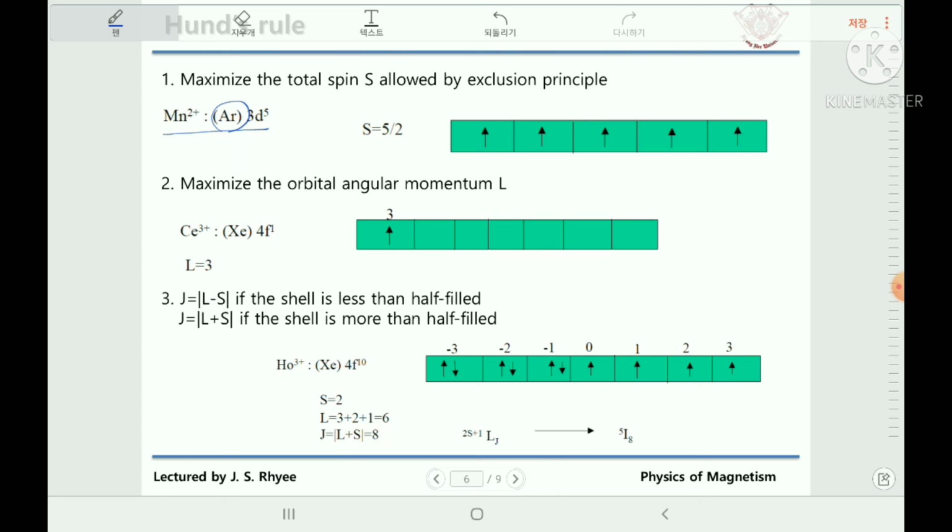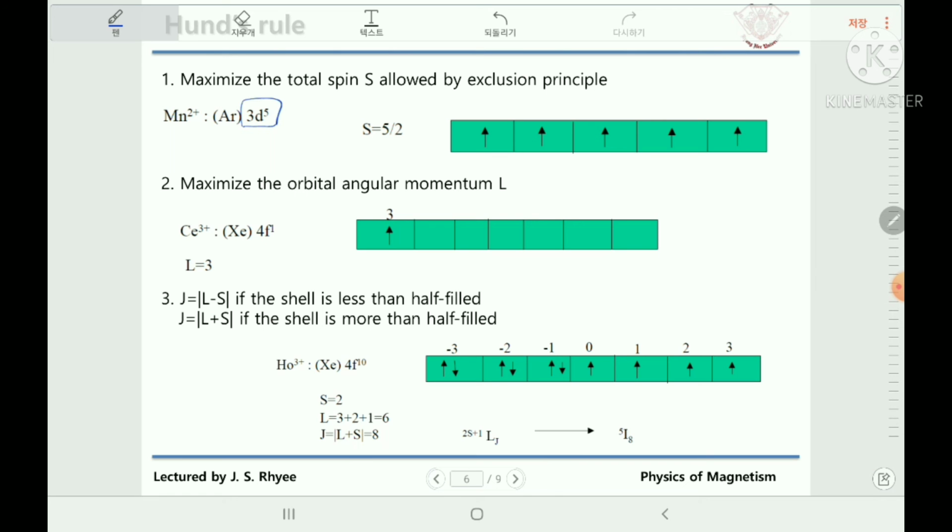In the totally occupied case, there is no angular momentum, and the summation of angular momentum and the summation of spin are equal to 0. Therefore, it has no magnetic properties. The only magnetic property comes from the partially filled orbitals, which are in the outer shell. The outer shell has 5 d electrons.